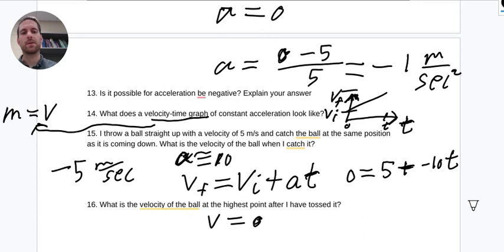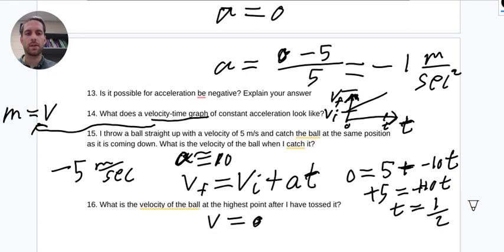And from here we can find our time as -5 equals -10 t. So time equals 5 divided by 10, which is 1/2 seconds. And then we know the full period will be 1/2 plus a half, because this is the half time. So that's total time equals 1 second.